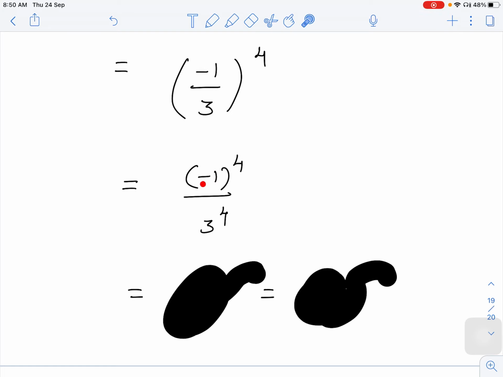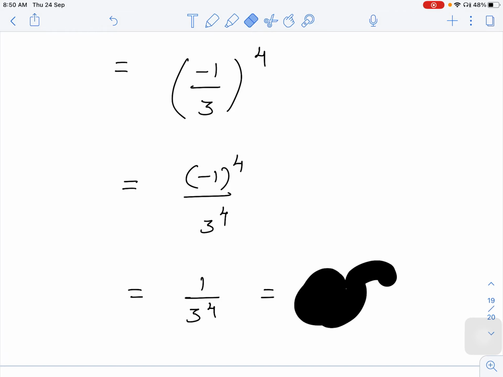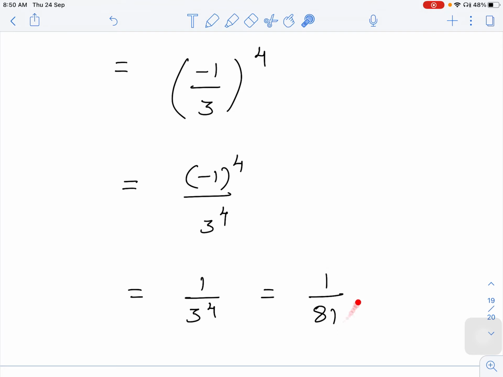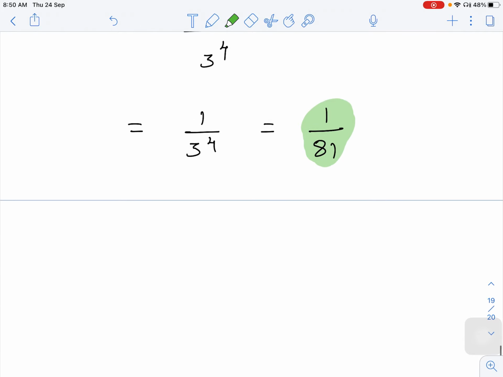Now for a negative number whose power is an even number, our answer should always be positive. And 3 raised to 4 will become 81. So we get 1 upon 3 raised to 4, and finally our answer will be 1 upon 81. So in this way we have to solve it.